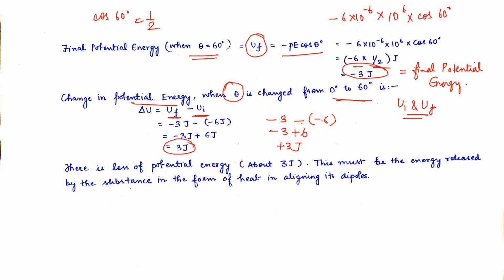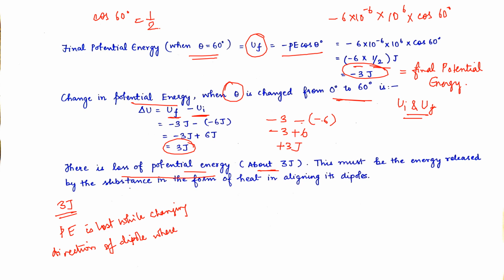There is a loss of potential energy of about 3 joules while changing the direction of the dipole from 0 degree to 60 degree.